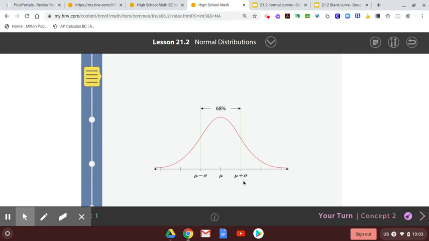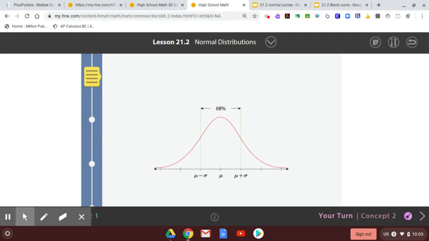So if you're given the mean and the standard deviation, you can find these values, right? You put your mean here, you add your standard deviation, you subtract your standard deviation, and you'll get 2 new values here. And the rule is that 68% of the data will fall between these two values. All right, so 68% of the time you're going to have values that fall between these two. If you're doing a probability, we would say the probability is 0.68.